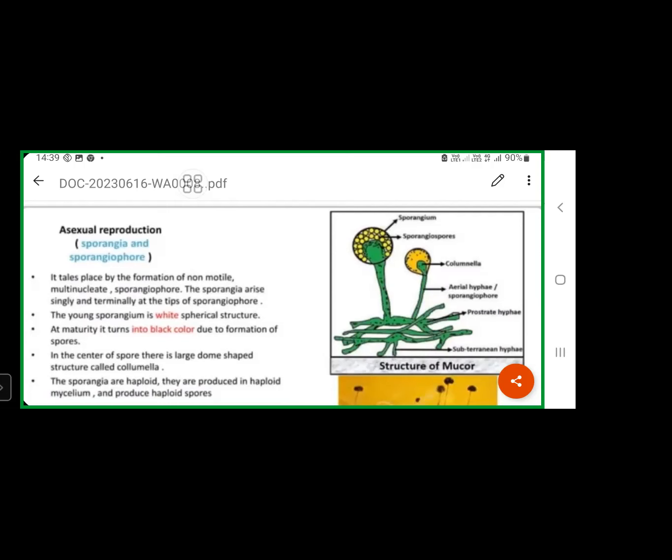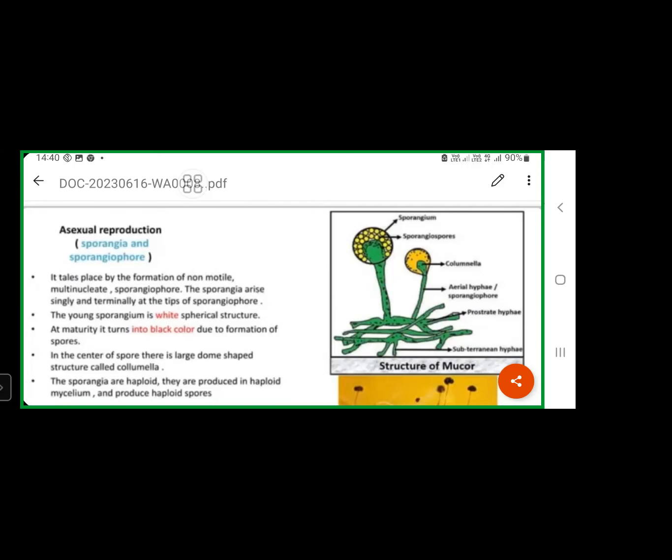How does this sporangium develop? If you observe this diagram, you can understand how this asexual reproduction takes place. From the mycelium, some mycelial parts are growing aerially. Here you can see aerially growing mycelium and prostrate growing mycelium in this diagram.